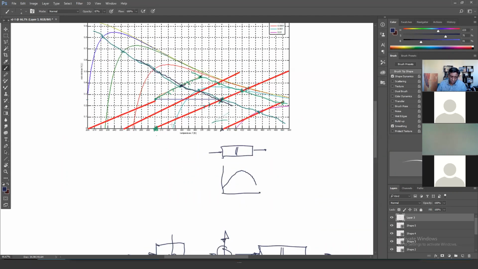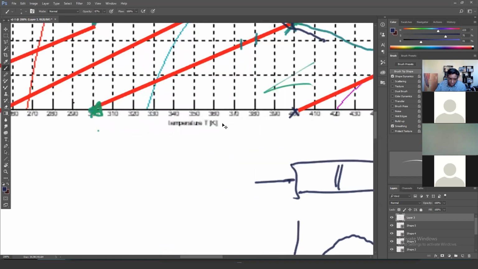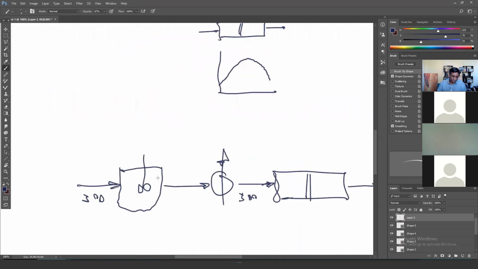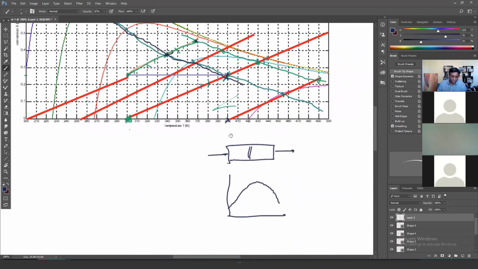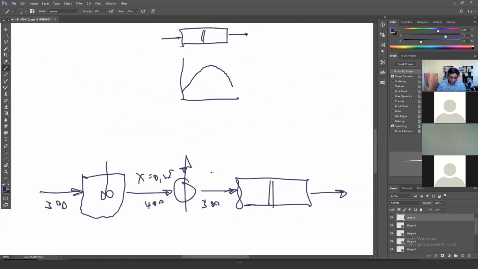And now we know that we are leaving here at about 400, let's just call it 400. And the conversion here is about 0.25. So X is 0.25.